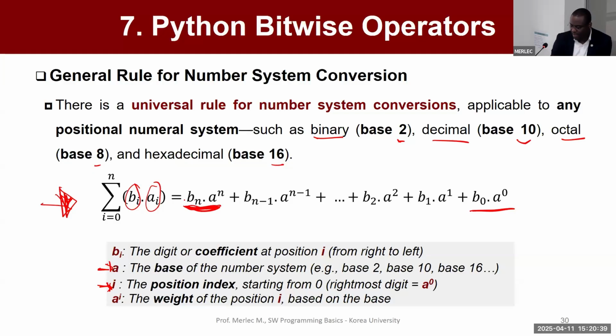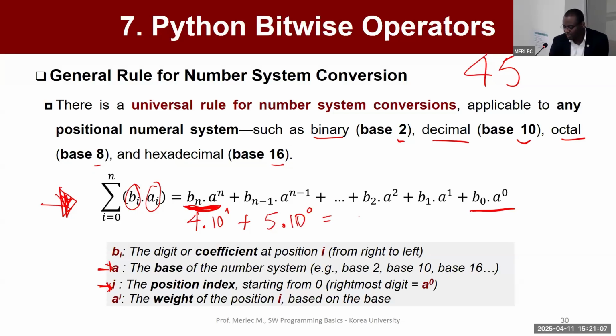I have 4 like this, so I will take 4, multiplied by 10 to the power of 1, because I have to start counting from 0, plus 5, multiplied by 10 to the power of 0.